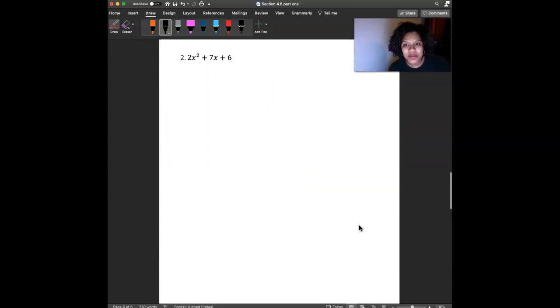Let's see another example. First thing again is always to check if there's a GCF. No GCF here. So then we're going to multiply the A term times the C. So we have 2 times 6. That's going to give me 12. Factors of 12 that will add or subtract to 7.